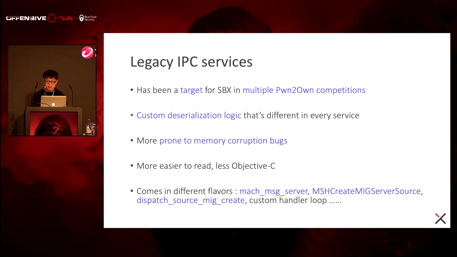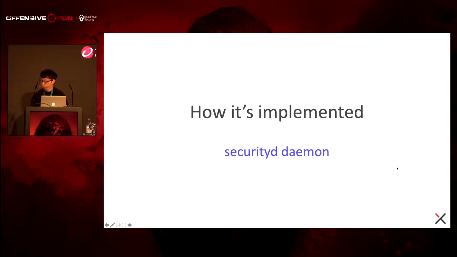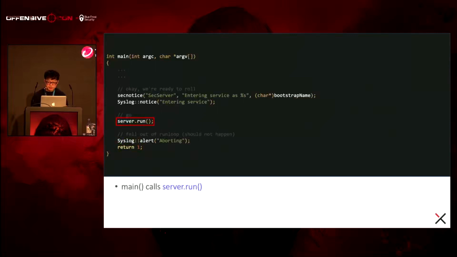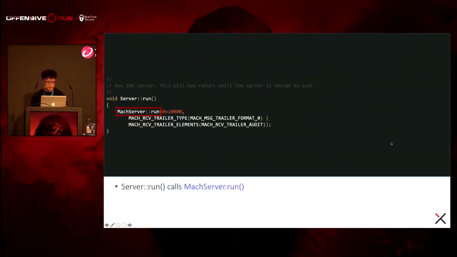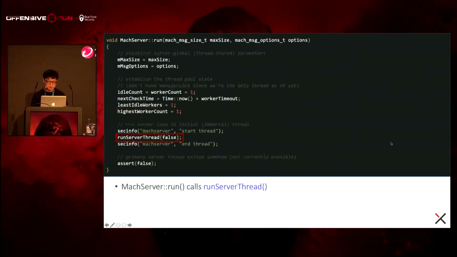And the IPC message handling logic for legacy IPC services comes in many flavors. As an example, I'll walk through how it's implemented in the securityd launch daemon. This is the main function. It calls into a function called Server::run, which in turn calls MachServer::run.